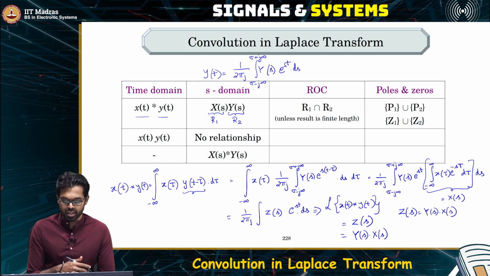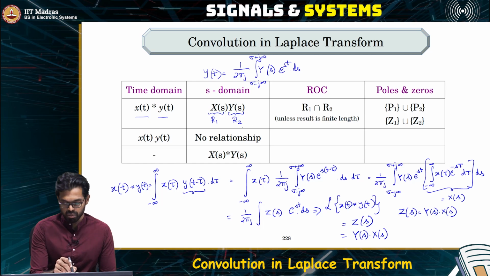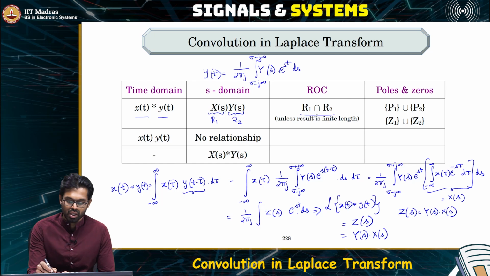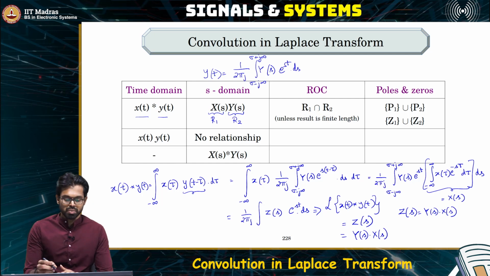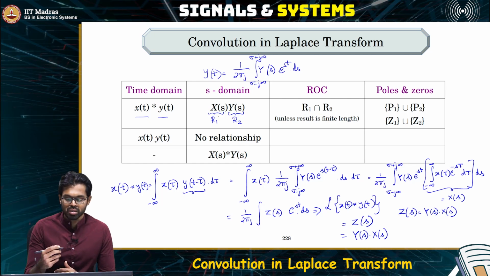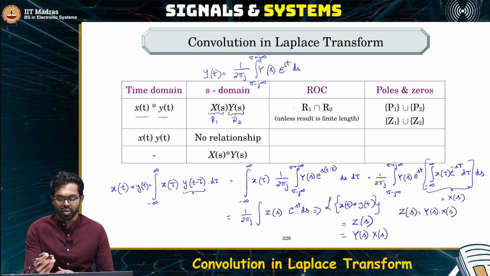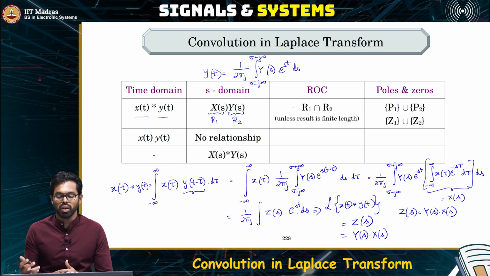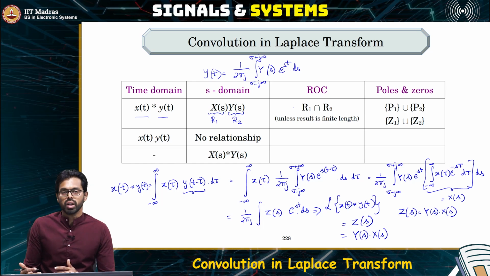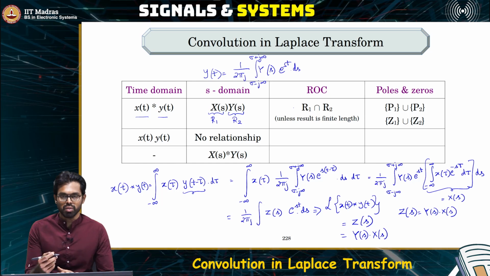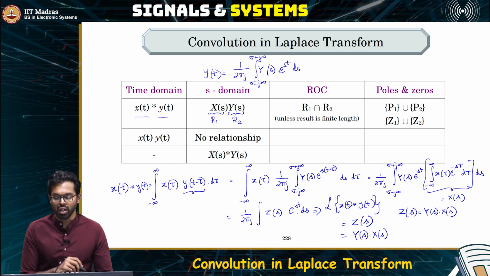For that reason, the ROC of the product should be the intersection of the individual ROCs. This is essential because otherwise the product will not exist simultaneously. If you pick a value of s for which X of s exists but Y of s does not exist, then the product cannot exist together. So the product can exist only for those values of s which belong to both R1 and R2.